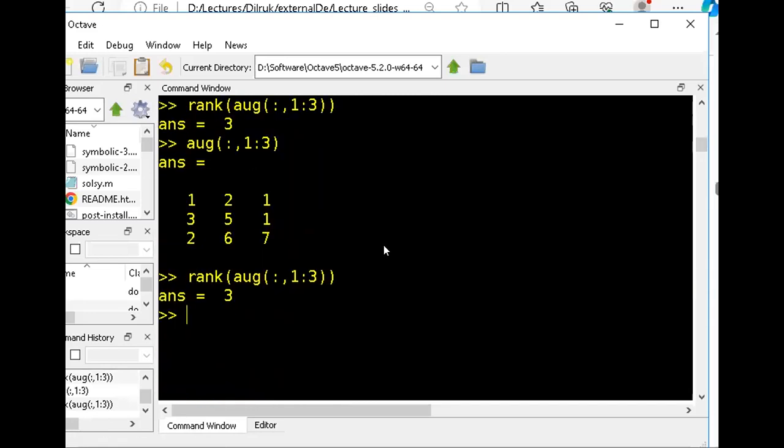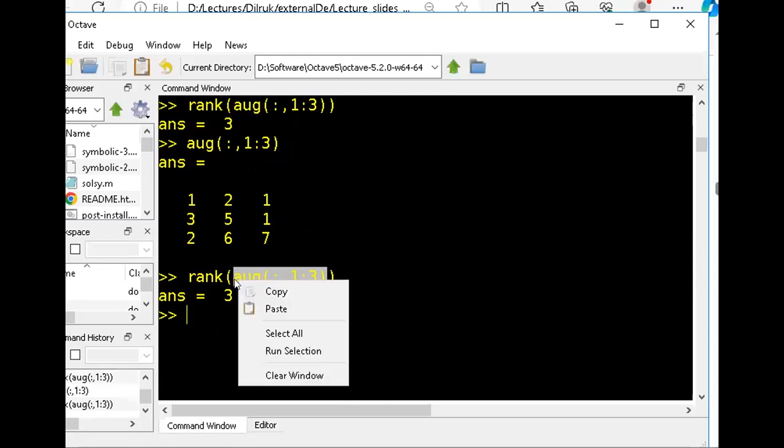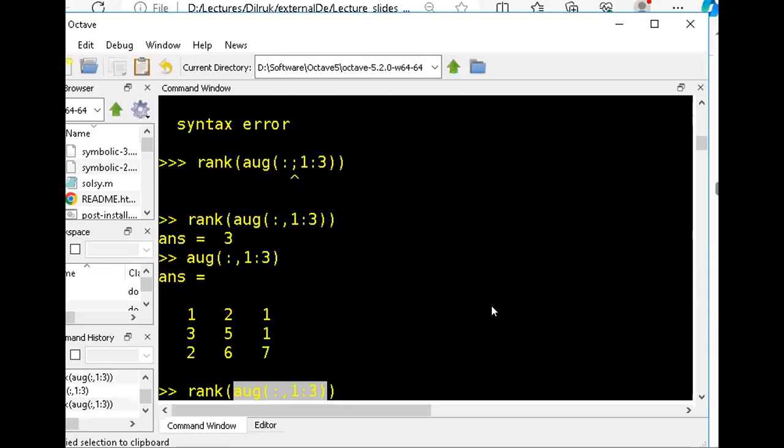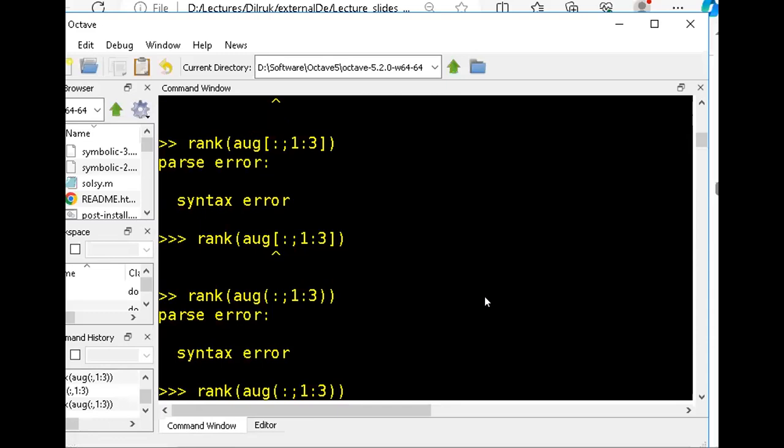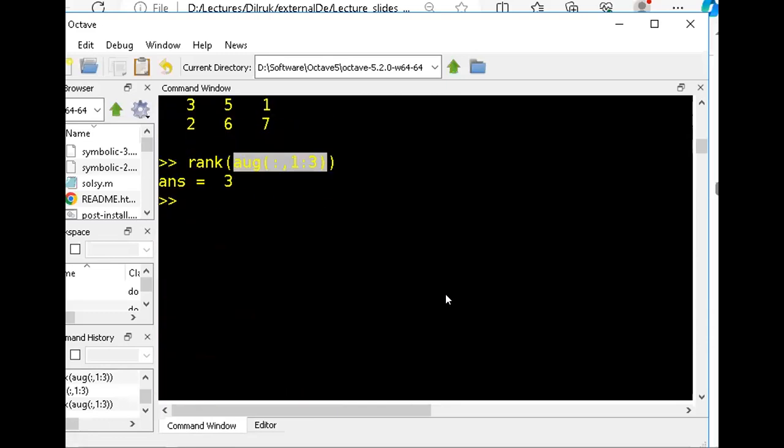So how do you find the solutions? Let's find the solutions. We need the coefficient matrix and the right hand side.